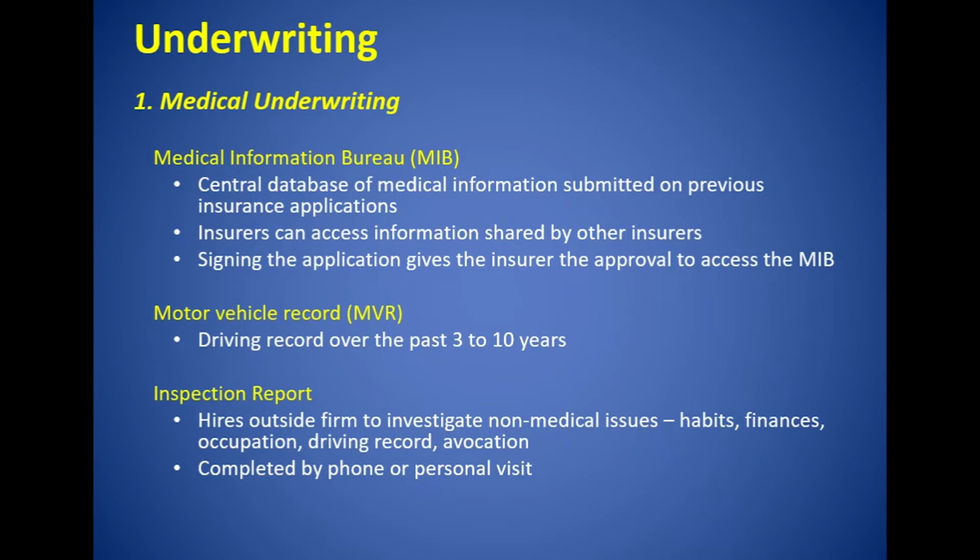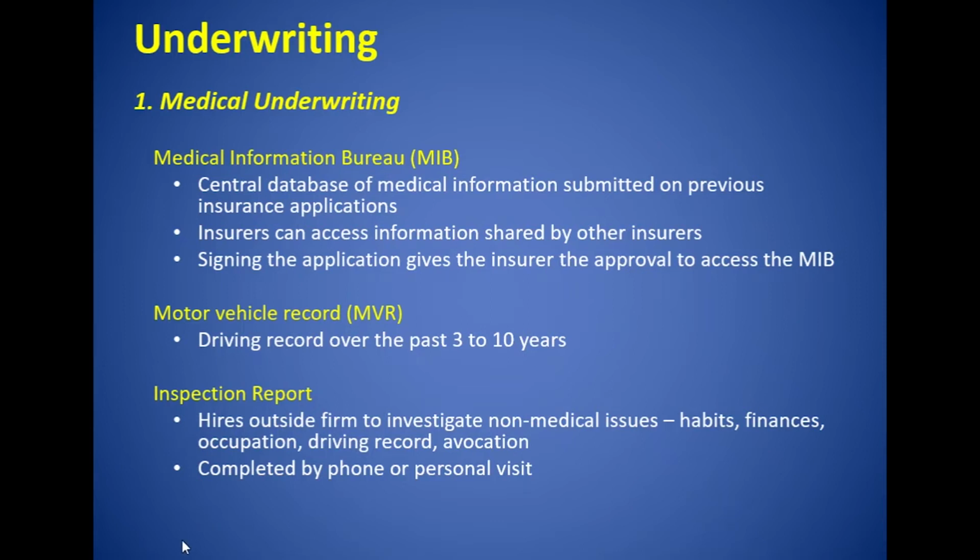When you apply for insurance today, your underwriter can actually access the information you placed on your previous life insurance application to review it. They can access that information because it is shared.